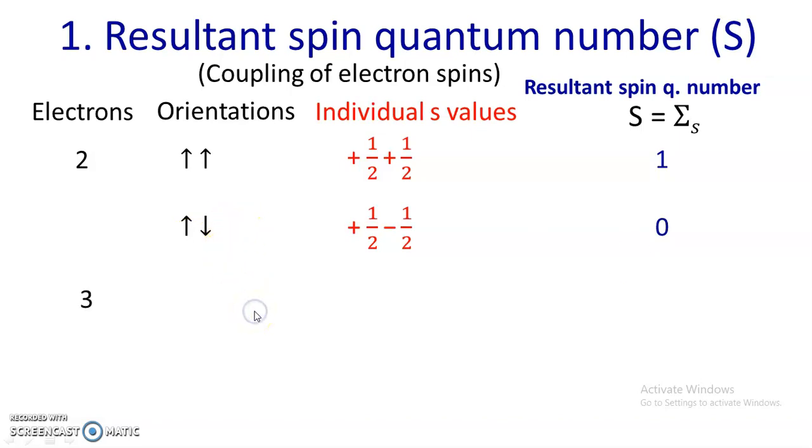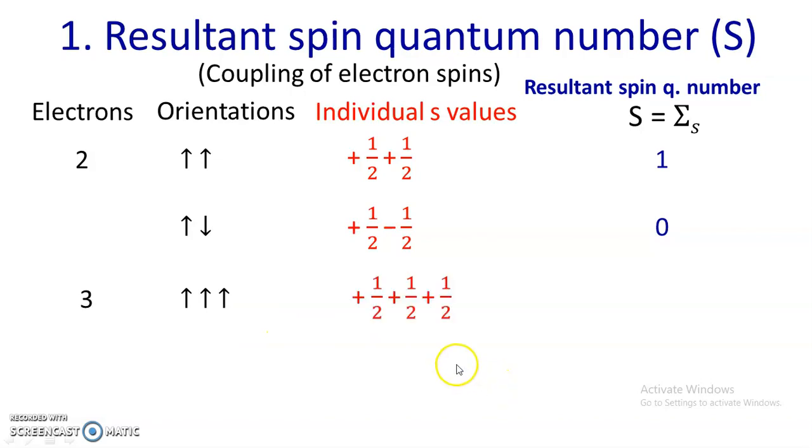Now consider there are 3 electrons. One of the possible orientations is that all the 3 electrons are oriented with parallel spin, all spinning in the clockwise direction.